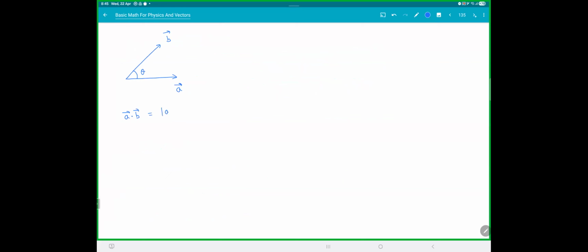So A bar dot B bar is mod A, mod B bar, cos theta. So let's try to understand what it means. Let's call this A bar and B bar.